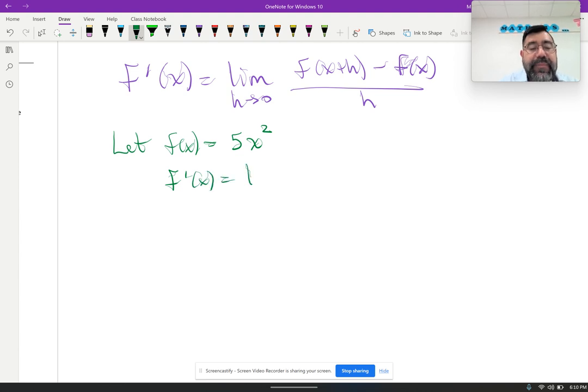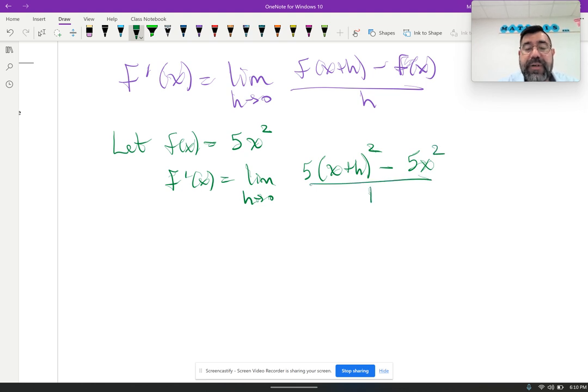So finding f prime means we're going to take the limit as h approaches 0 of the function evaluated at x plus h, minus the original function given, 5x squared, all over h. Now, again, if we try direct substitution right now, we're going to get an indeterminate form, so we need to do something else.